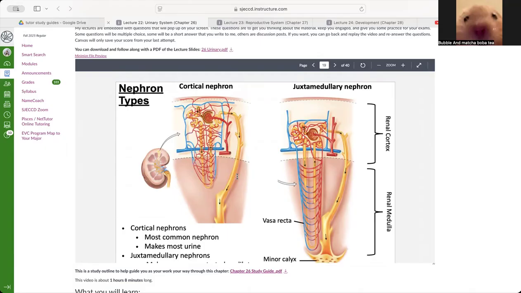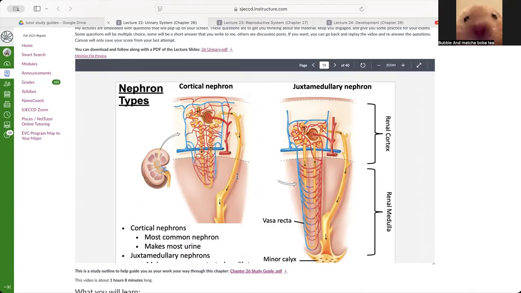It makes most of the urine and it's in the cortex, towards the outside of the kidney, and the loop is quite short and barely enters the renal pyramid. We have the juxtamedullary nephron, which has a long loop, and it makes concentrated or dilute urine and it's used during times of stress. So if you're stressed, you will make concentrated urine so you don't urinate all the body water.